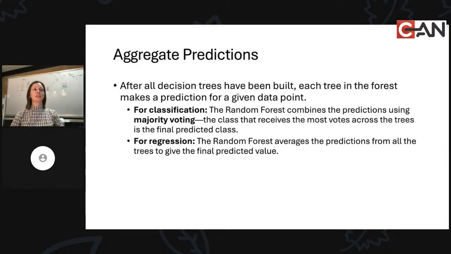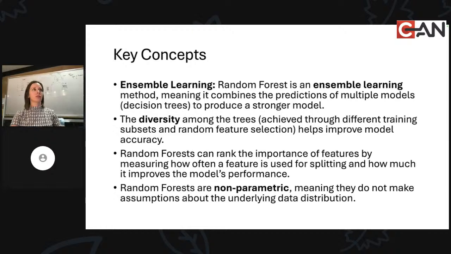And then we just aggregate the prediction. So for classification, we said majority voting. Whoever had the most votes is correct. And we convert that to a probability. And then for regression, you could do something like averaging the values, for example. So the key thing to remember with random forest is it is an ensemble approach, which means we're combining multiple models.